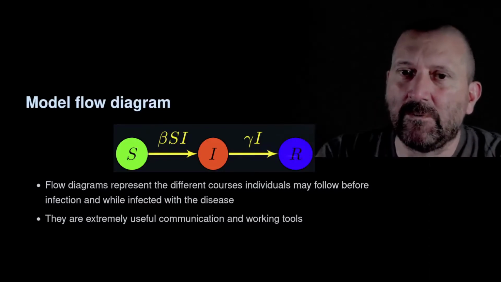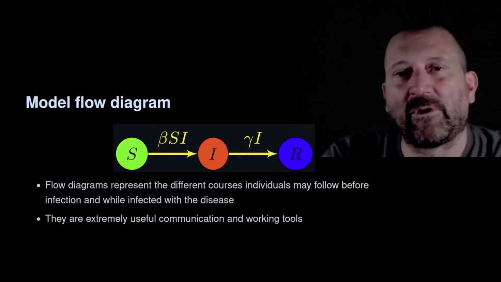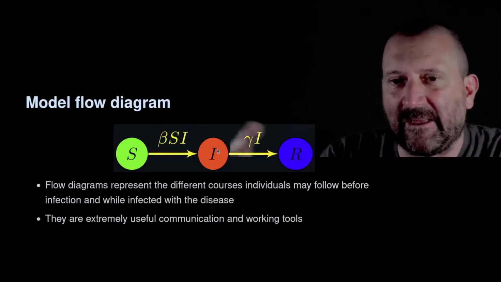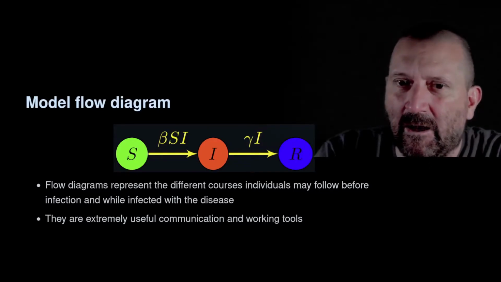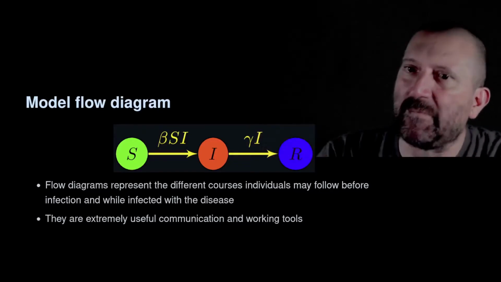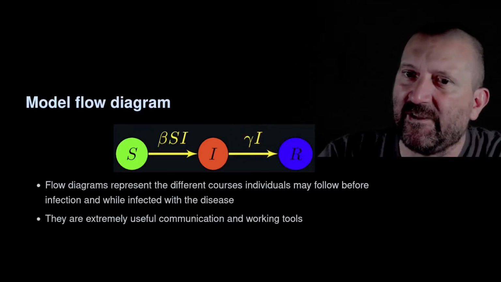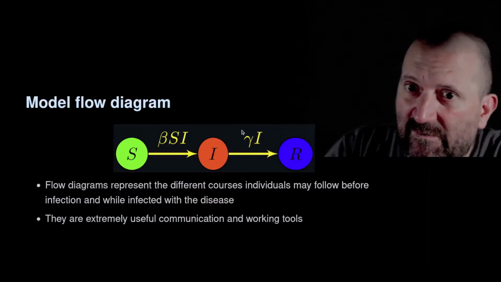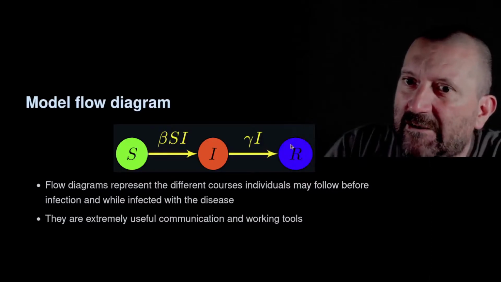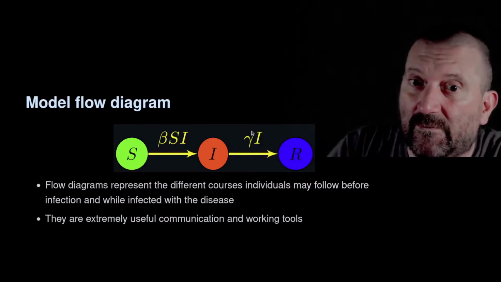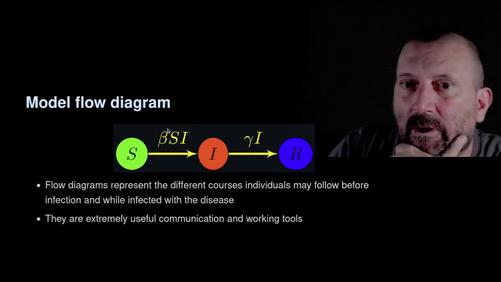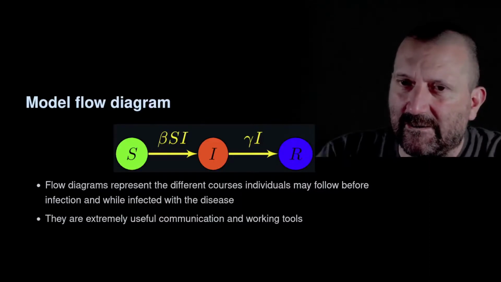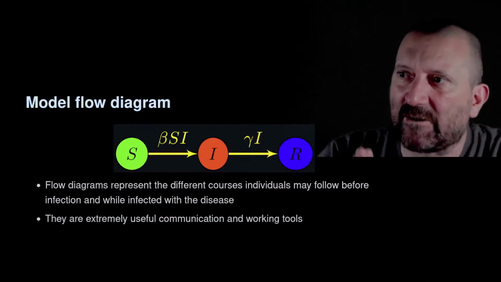And if you get infected because you come into contact with someone who's bearing the disease, then you will progress into this second compartment, I, in which you will be making contacts with others, you'll be infectious. And after some time, you might progress out of this compartment and end up in the removed compartment. Okay. And what I'm showing here are the rates. So we're formulating a differential equation. And so these are going to be rates, but I'll come back to that in a second.